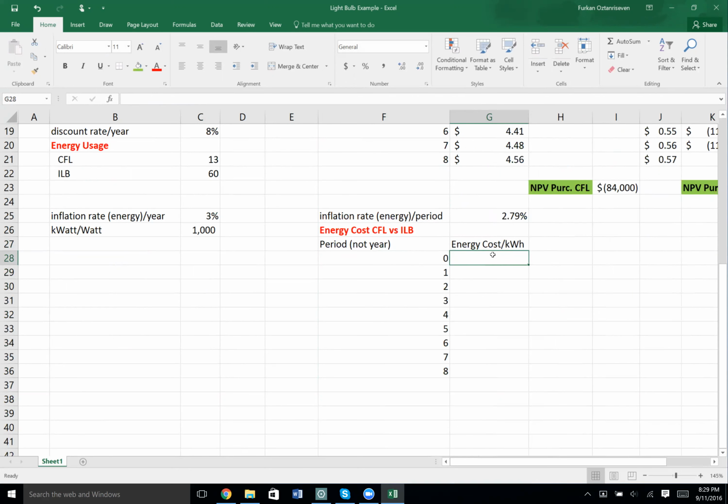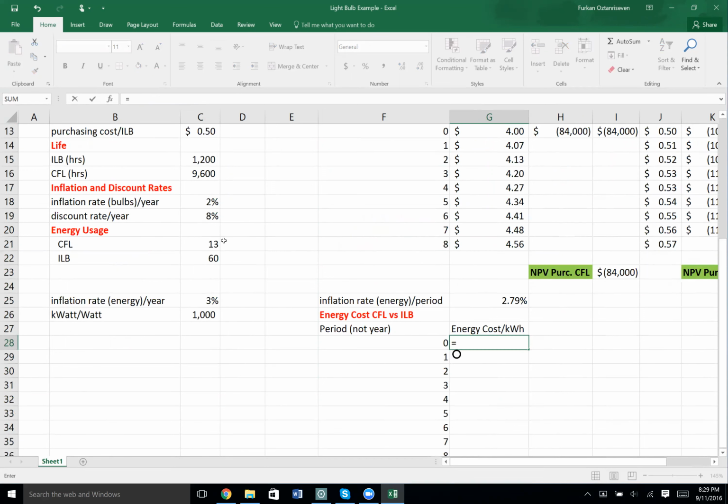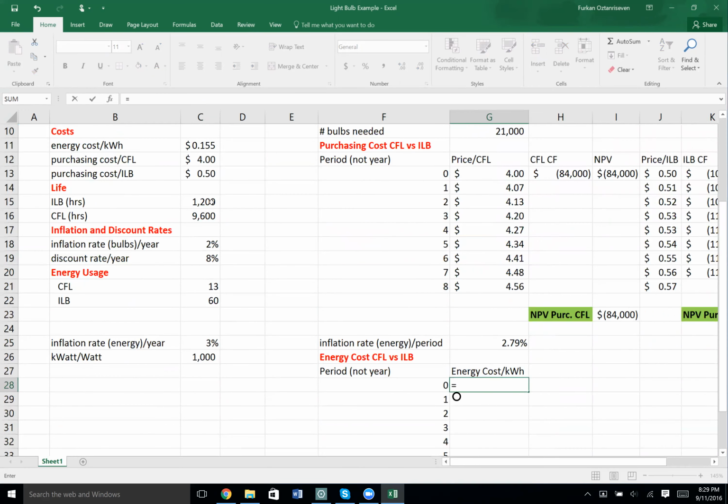I know that currently the price of energy is 15.5 cents per kilowatt hour right here. But I know that there is also inflation that will impact the price. It will always increase based on the historical data in this question.